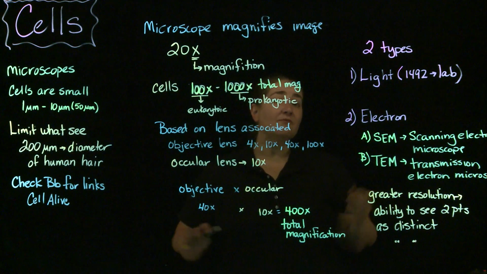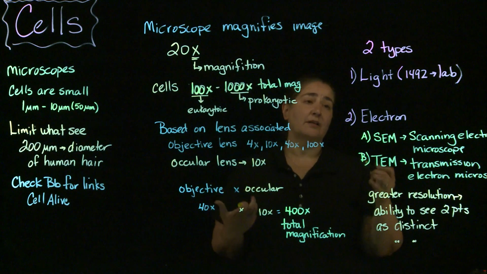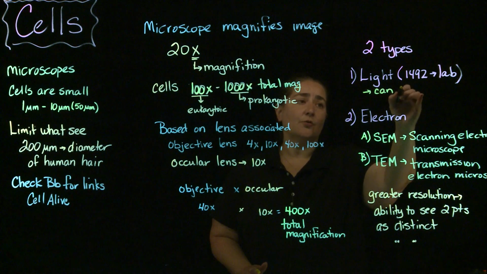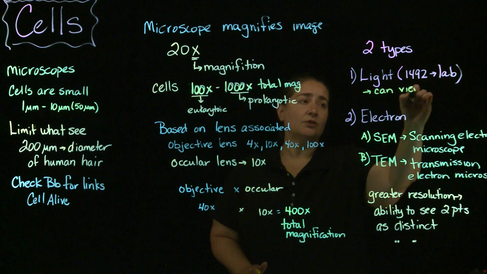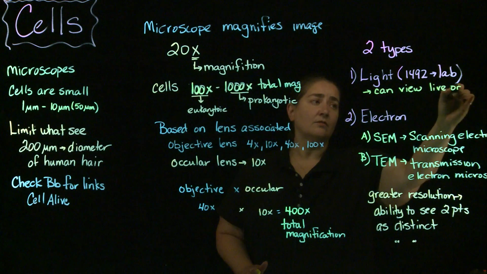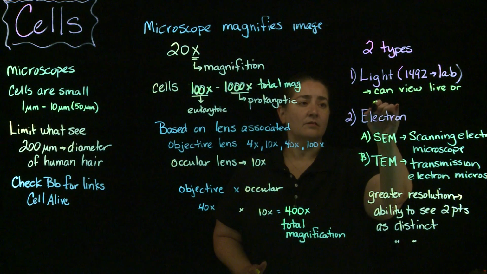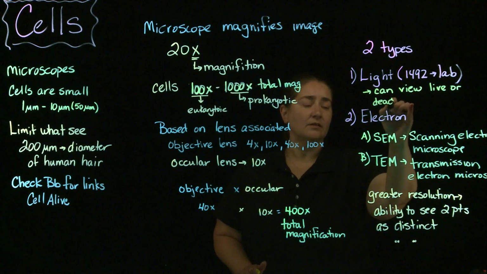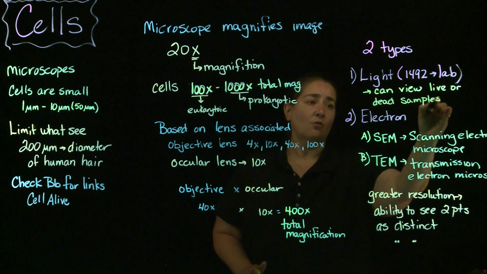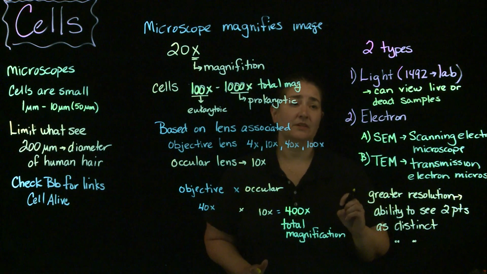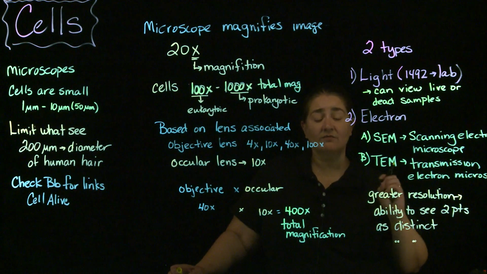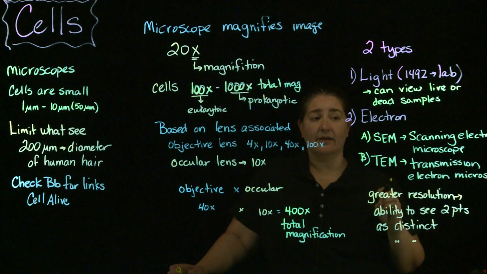However, there are some advantages to a light microscope. A light microscope, you can view either live or dead samples. Okay? So the advantage here with the light microscope is you can visualize something that's alive.